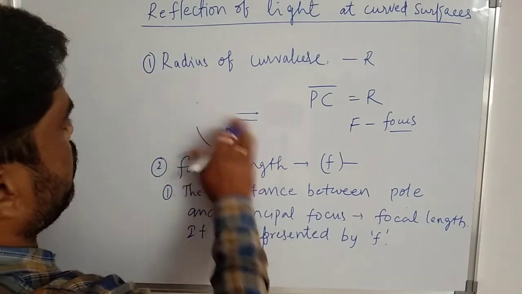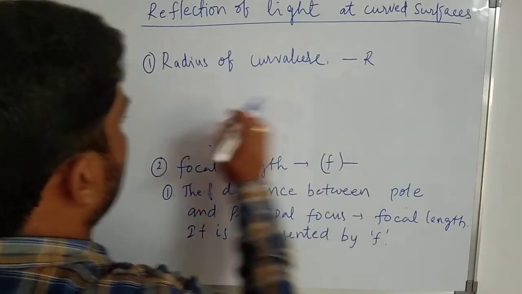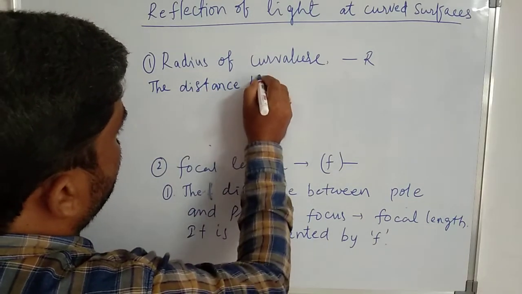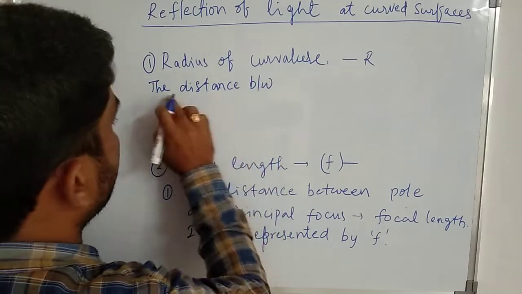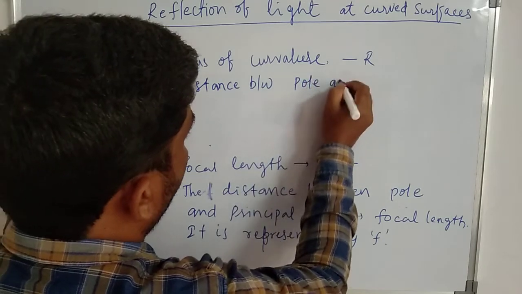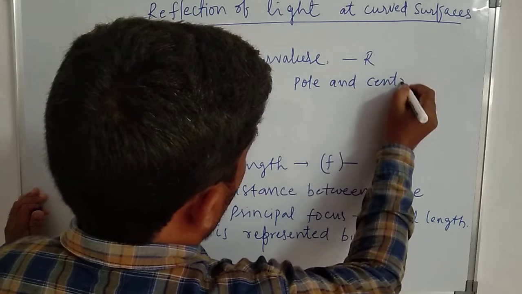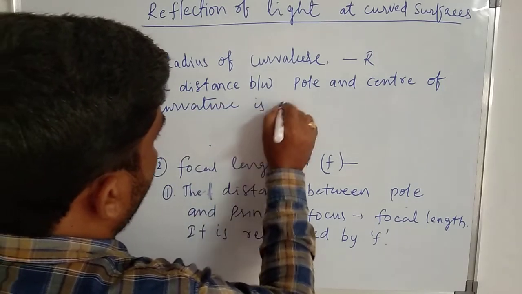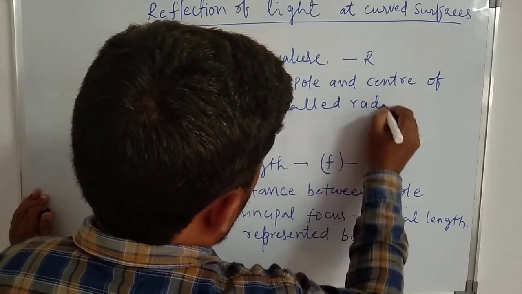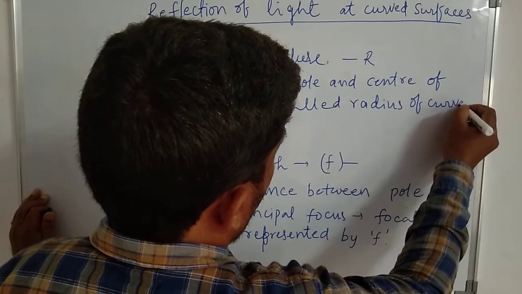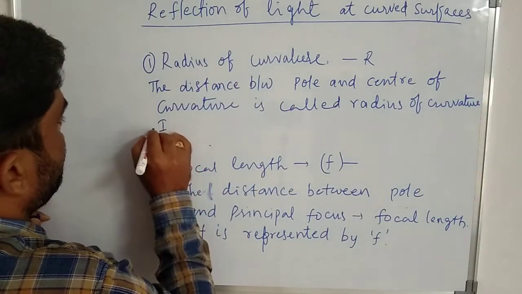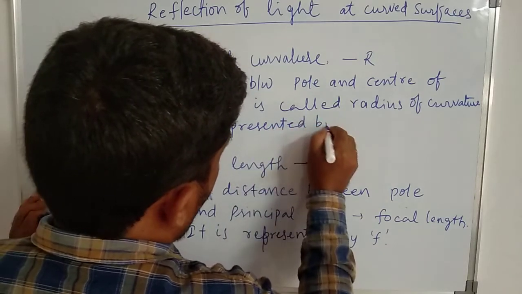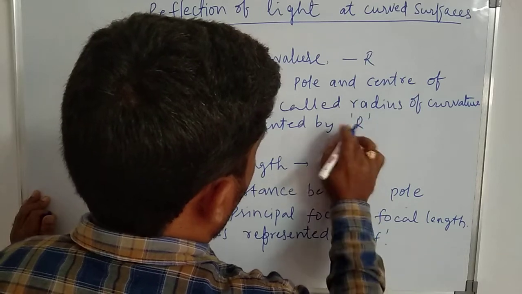So the definition we can write for the radius of curvature is: the distance between the pole and the center of curvature is called the radius of curvature. It is represented by capital R.